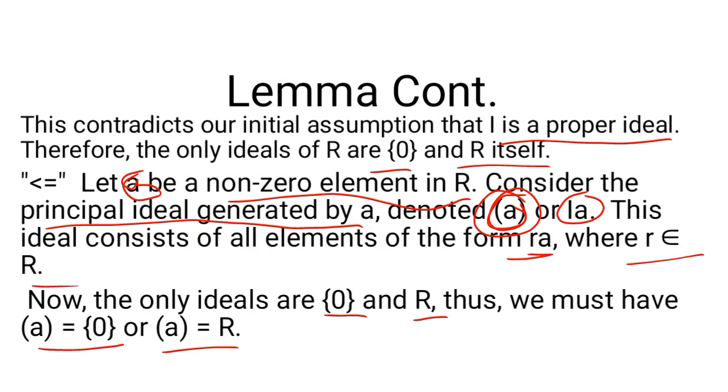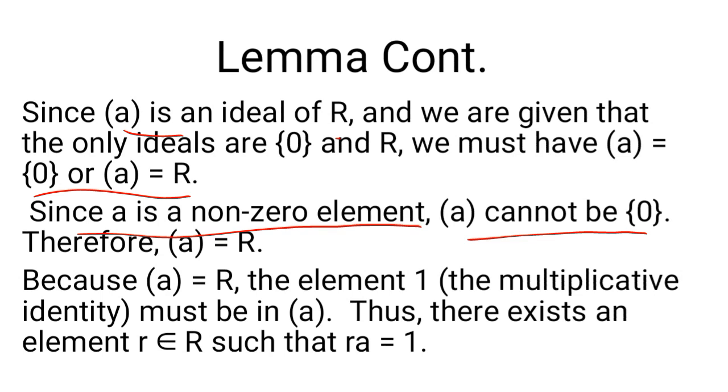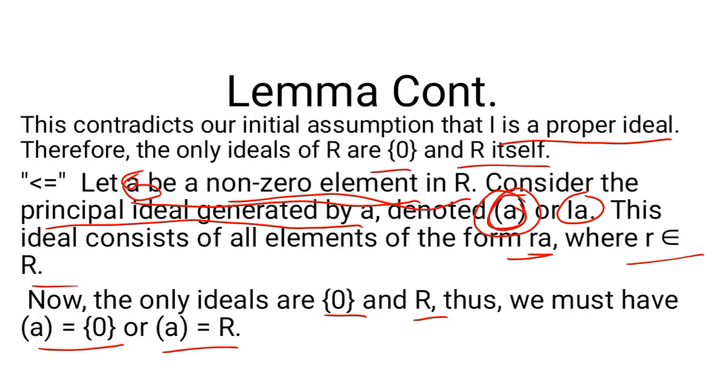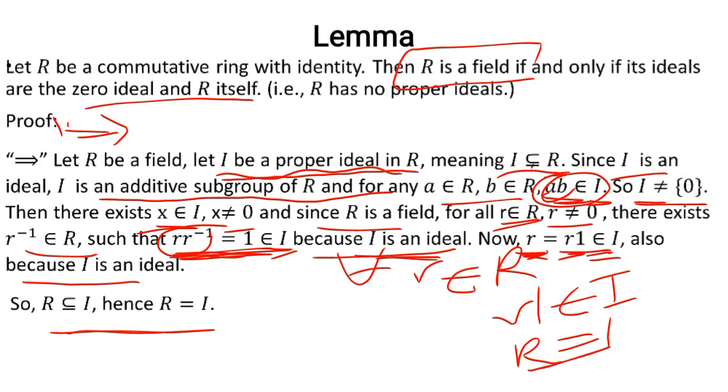Let A be a non-zero element, okay? And it's generating the entire ideal, right? So if this is non-zero, it means that the ideal generated by A will be equal to R. And remember we said that the lemma said that what kind of R do we have? It says it's a commutative ring with identity, right?